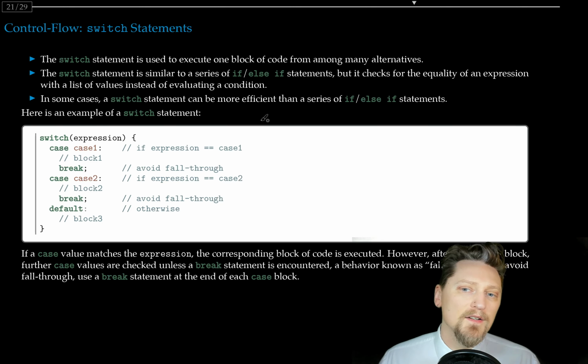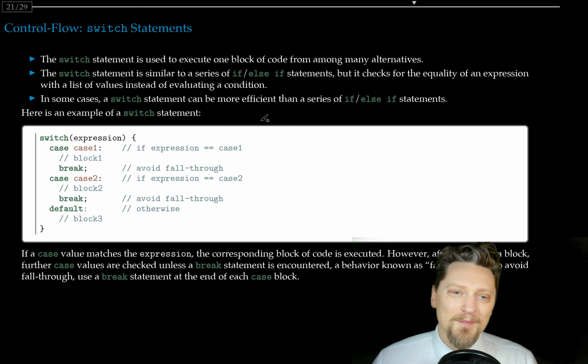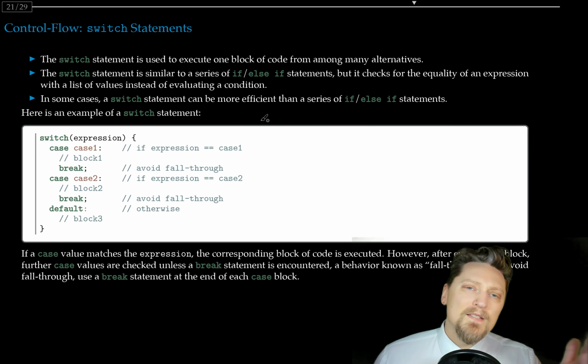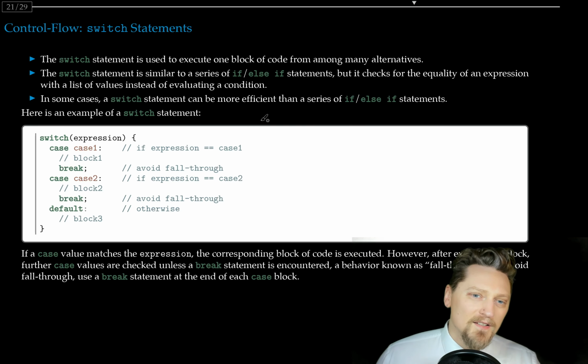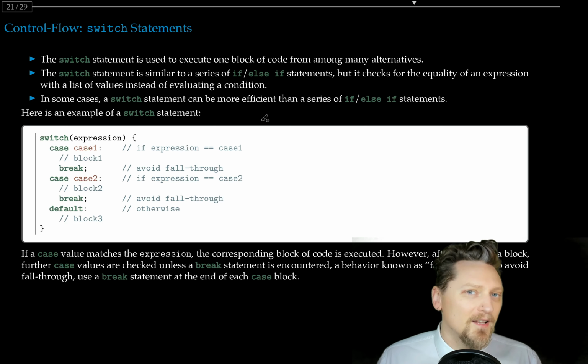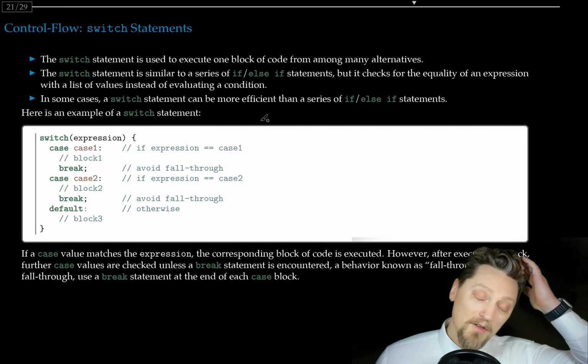There are going to be a lot of things like this, where we're going to say something like, in some cases, this can be more efficient than that. And the reason why it's wishy-washy is that compilers don't all do the same thing given the same code. So two different compilers of C might compile the exact same source code differently. Also, there are different options you can use in the compilers where you can try to have the compiler make the code more efficient for you.